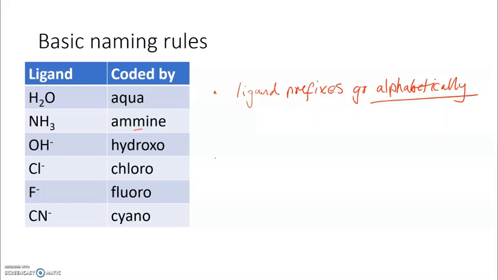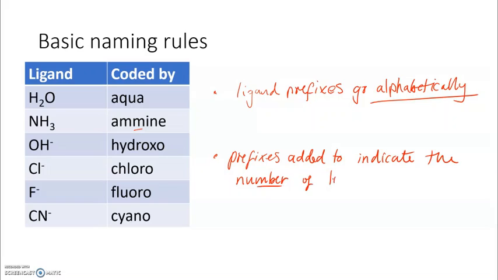Now, of course, we can have different numbers of the ligands as well, so you also need prefixes added to indicate the number of ligands of that type. Now, the numerical prefixes do not have any effect on the ordering of the prefixes for the ligands.